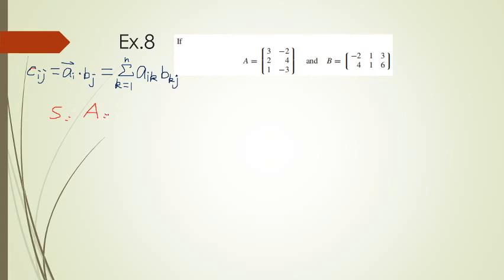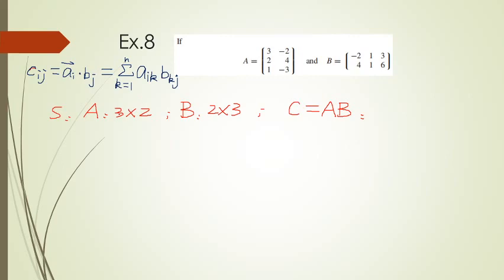Matrix A is 3 rows and 2 columns. Matrix B is 2 rows and 3 columns. So if we write C as A times B, what is the format for matrix C?